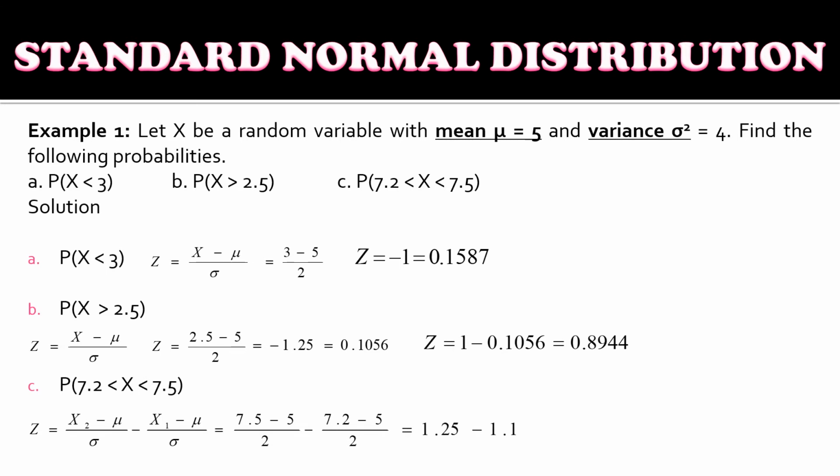So we would have 1.25 minus 1.1. For this one, we will not be subtracting the two values first. What we have to do first is to look for the value of 1.25 on our z-table and then 1.1 on the z-table as well. So we have 0.8944 minus 0.8643. So the probability would be 0.0301.